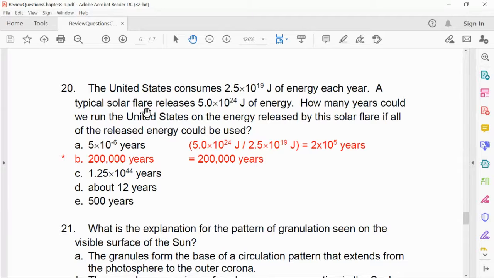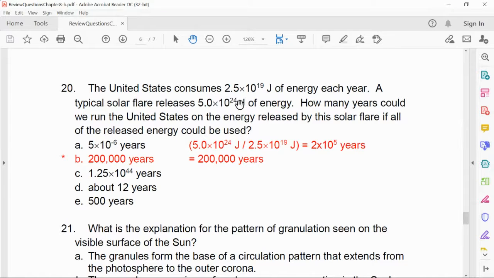A typical solar flare releases 5 times 10 to the 24 joules of energy. How many years could we run the United States on the energy released by this solar flare if all of the released energy could be used?